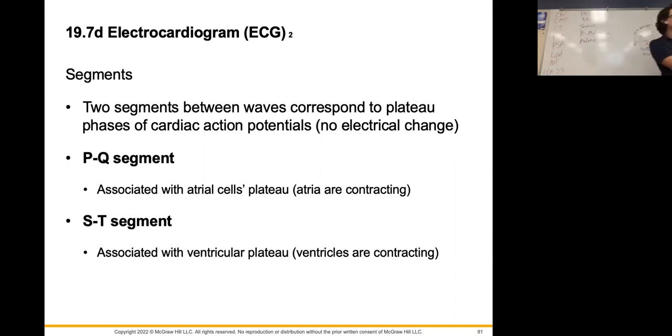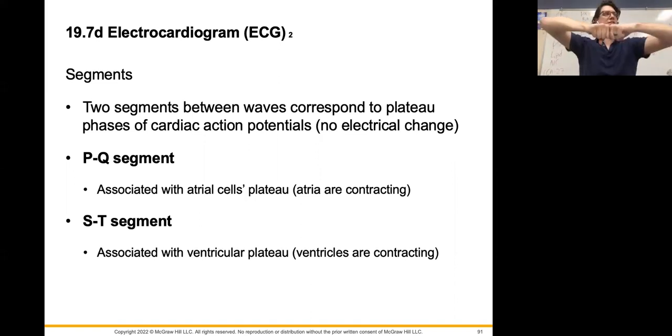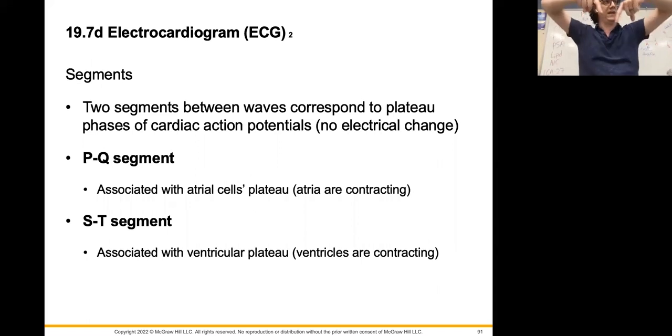So what is happening while the atria are contracting? Blood is getting pushed into where? Remember, the atria contract and push blood down into the ventricles. And then the ventricles contract and push blood out of the heart, right? Atria contract to push blood down into the ventricles. Ventricles contract to push blood out of the heart, okay? So the ST segment, this second little pause in the electrical signal, is when the ventricles are contracting.